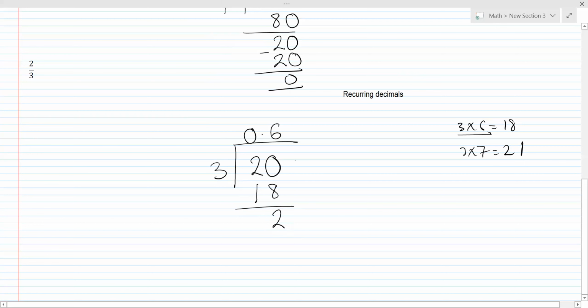Okay, so can 3 go into 2? No. So what do we do? Add a 0 here, add a 0 here, and this becomes 20. So again, we're getting the same 20 again, but let's continue. 3 into 20 is 6. Okay, 6 times 3 is 18.